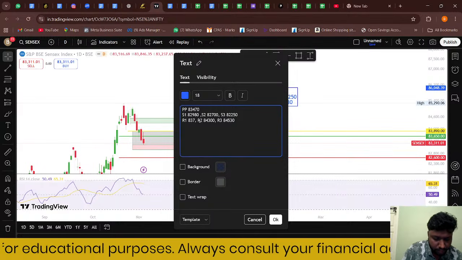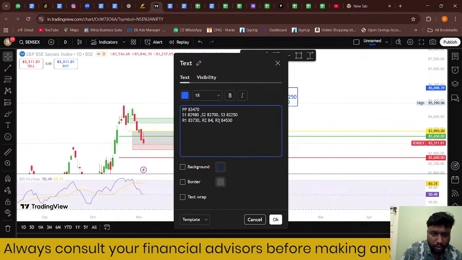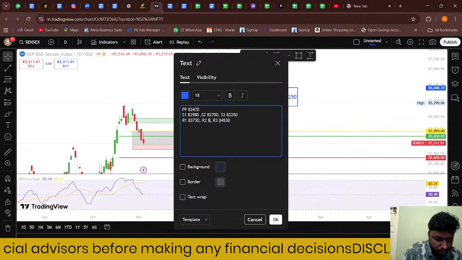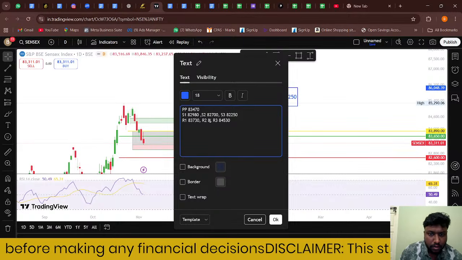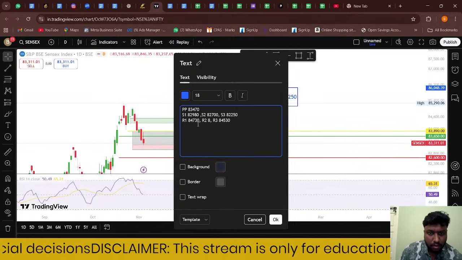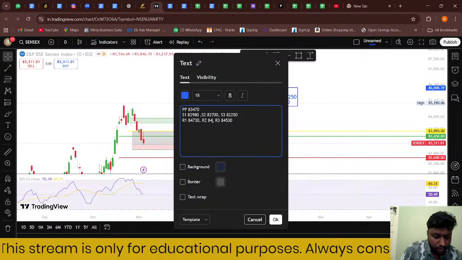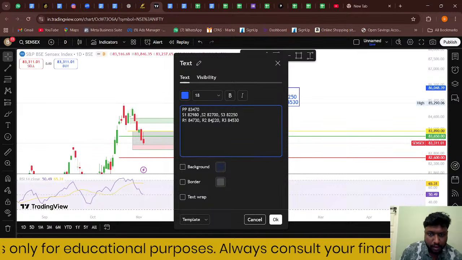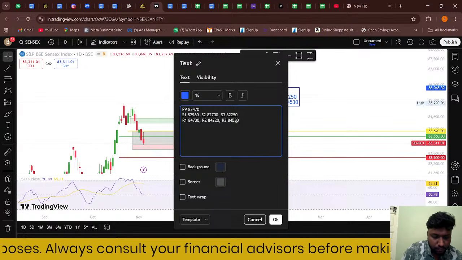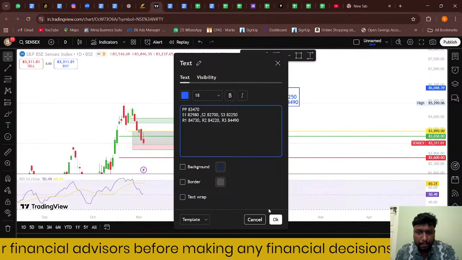83,730 will be the first R1, and R2 will be at 84,220, and R3 will be at 84,490 level.